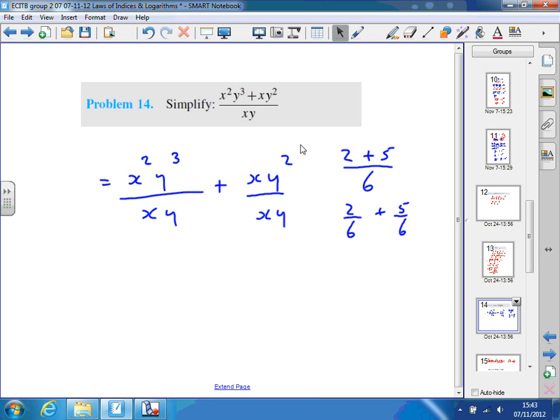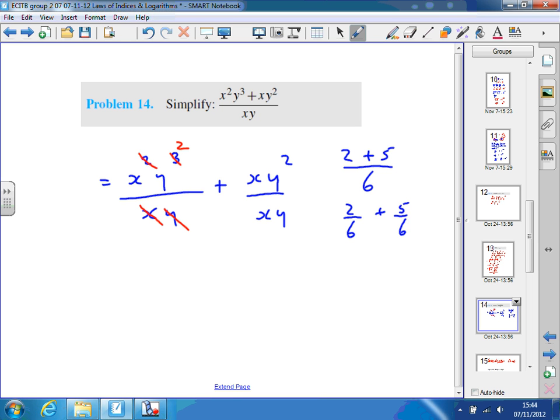And then I can cancel down. I can use the laws of indices or the idea of cancelling to cancel this down. I've got 1x on the bottom in the first term and 2 on the top, so x cancels with one of the x's on the top, leaving just 1x. The y cancels with one of the y's on the top, leaving y squared. Yeah?